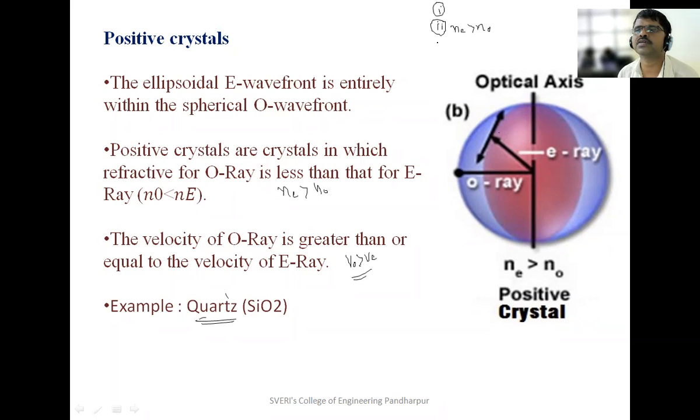Third point, V0 is greater than VE. And the last point is the example. Which is the example? Quartz. Quartz is the example for which crystals? Positive crystals. Okay, this is for positive crystals.